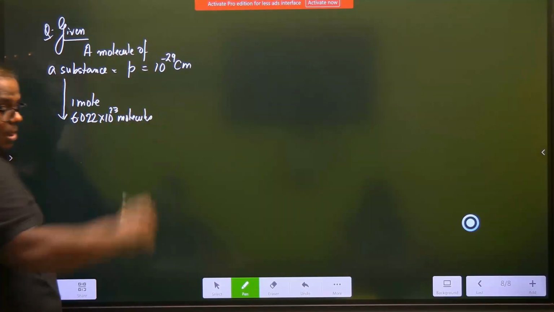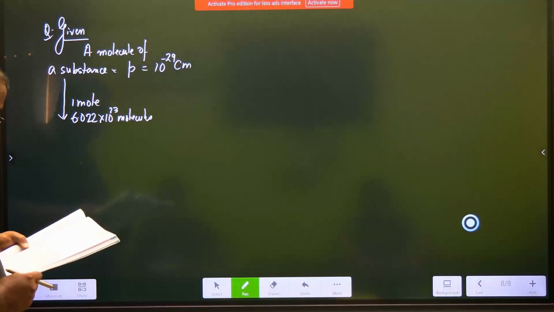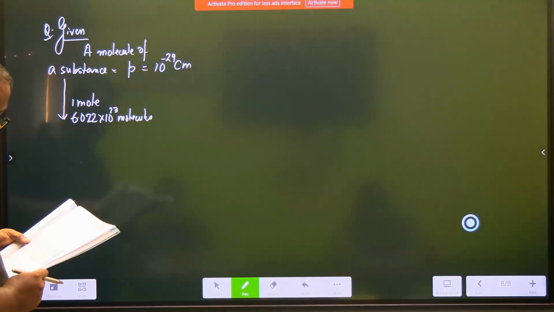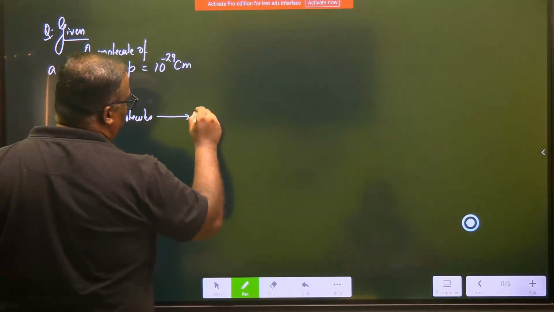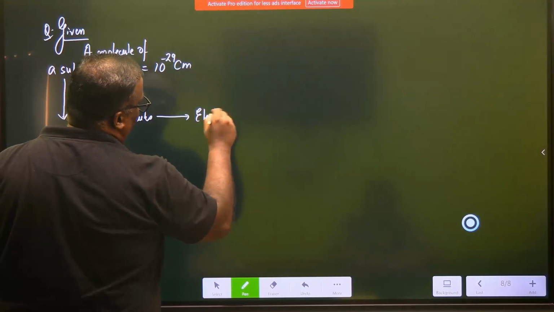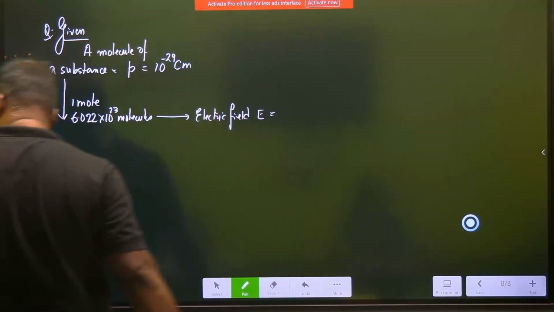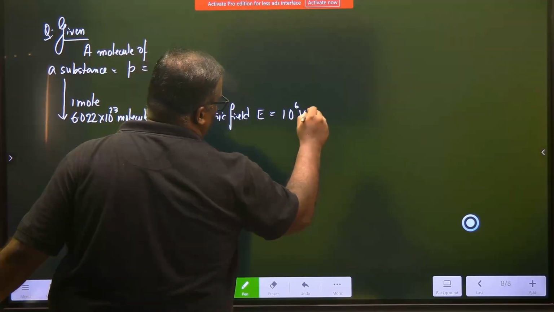That's 1 mole. So many molecules you have taken, and you applied some strong electrostatic field and you polarized them. So you basically subjected them to an electric field, the value of which is given as 10 to the power 6 volt meter minus 1.